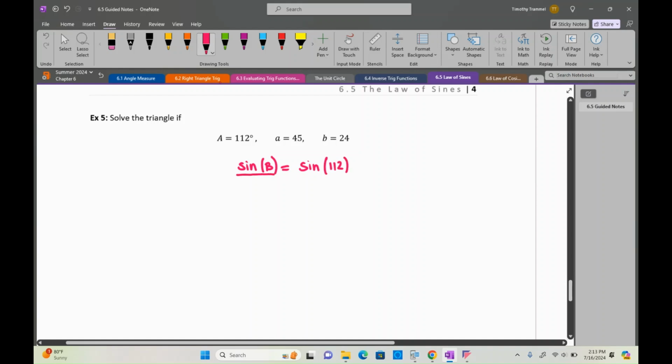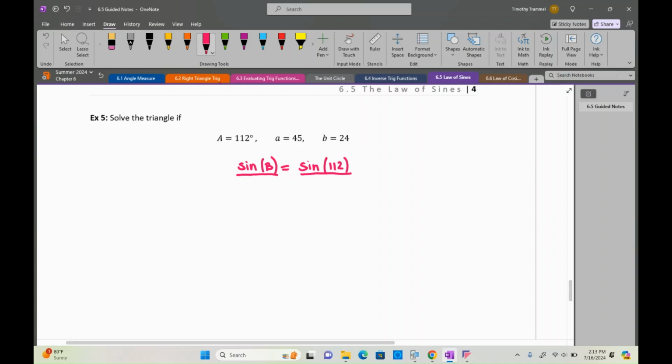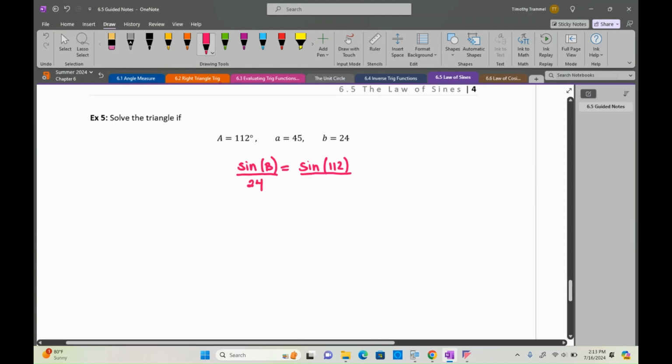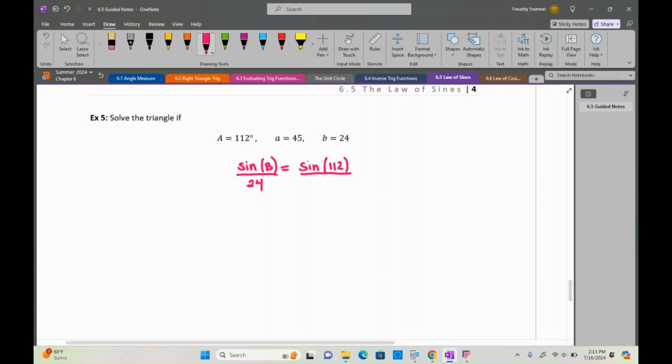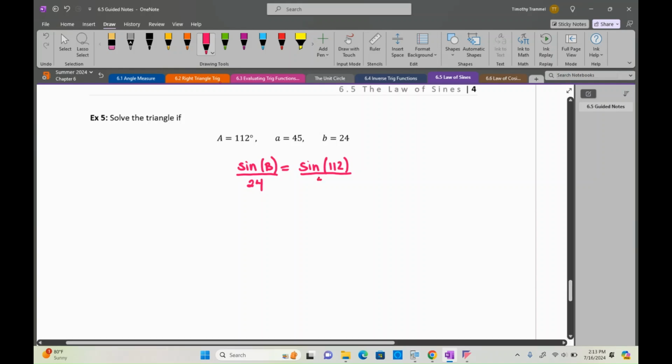And I want to divide each one of these by their corresponding sides. So the side opposite of the angle B is side b, which is 24. And then the side opposite of the angle A is side a, which is 45.